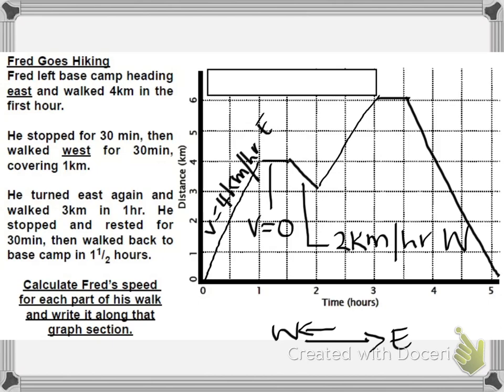This way here, going up here, has to be 3 kilometres per hour, and he's gone east. Again, we're not going anywhere, so V is 0. And then he's walked back to base camp, so he's walked 6 kilometres in 1.5 hours, so his V is 4 kilometres per hour, and he's gone west.